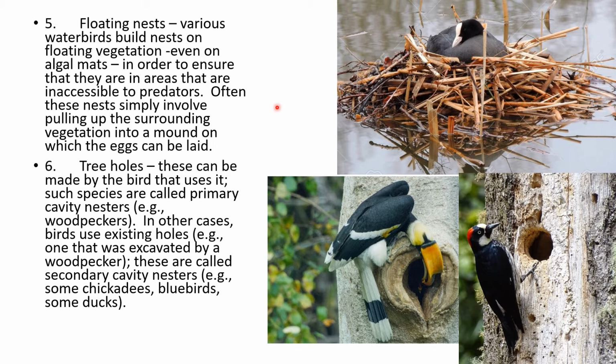Often these nests simply involve pulling up the surrounding vegetation into a mound on which the eggs can be laid. So these nests may not be intricately woven nests all the time. Simply some mass of vegetation available floating over the water surface could be accumulated to form the nests.